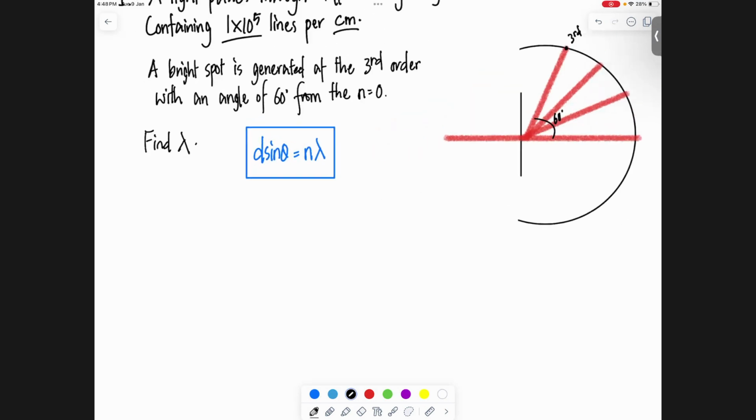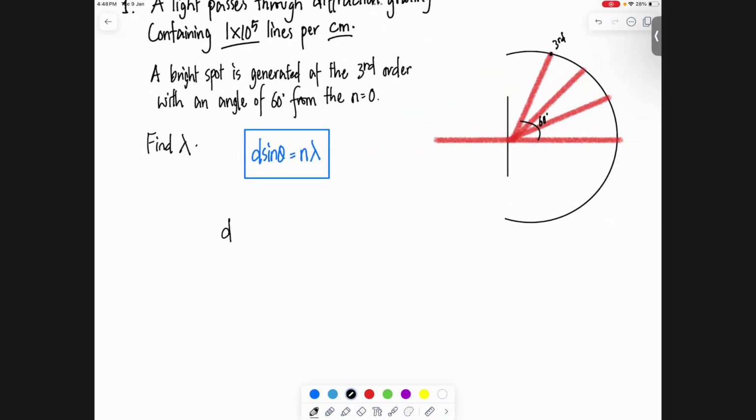Right. So how do we do this? d sine theta equals n lambda, and d is equal to this. It says 1 into 10 to the power 5 lines per centimeter, right? So 1 into 10 to the power 5 lines in 1 centimeter. I need to know the size of one line, which I'm going to find out.